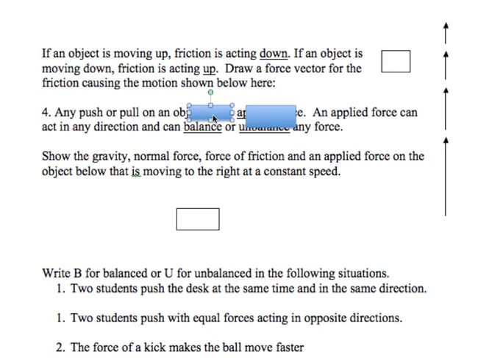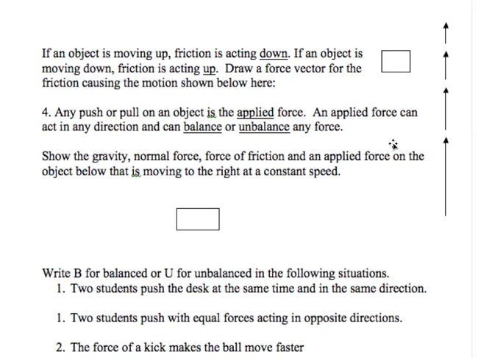Any push or pull on an object is the applied force. Applied forces can act in any direction and can balance or unbalance any force. Sometimes you need to put in the applied force.